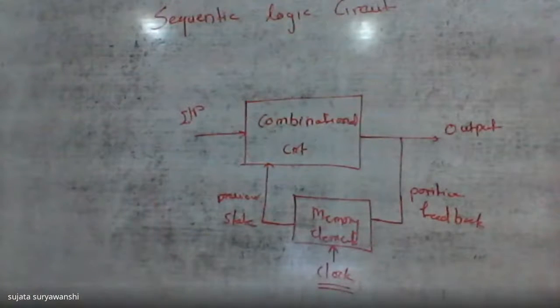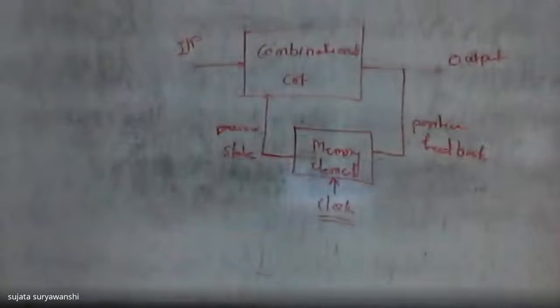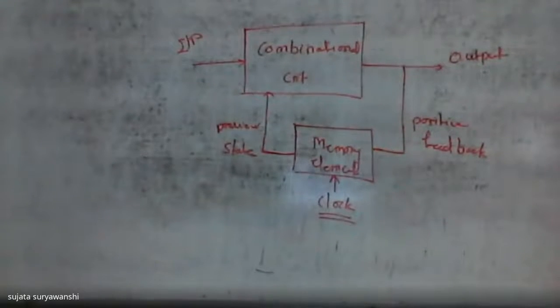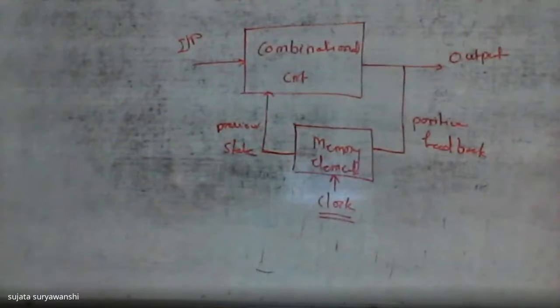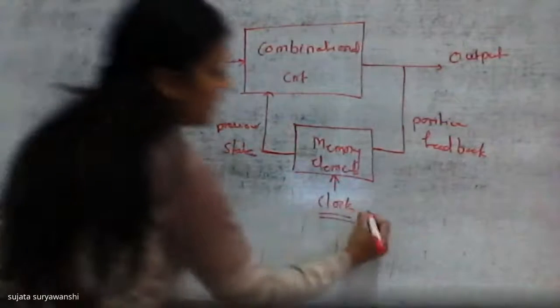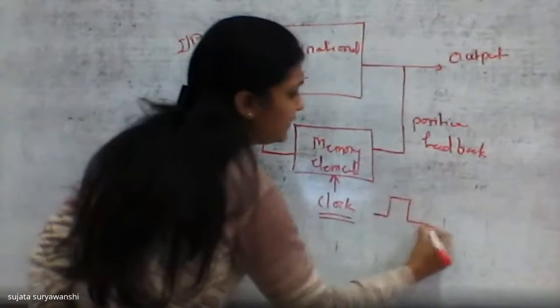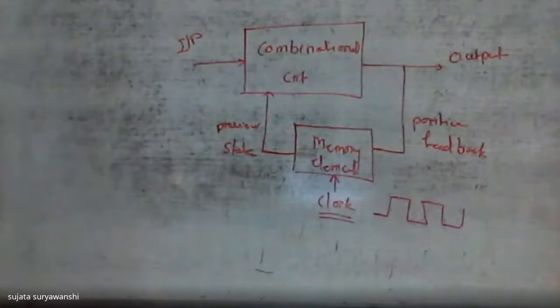So first, draw this block diagram. Yes, are all of you getting this? Okay, so just draw this block diagram. The clock signal can be represented by a rectangular binary wave.